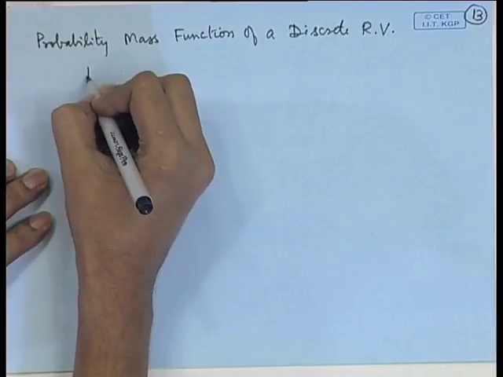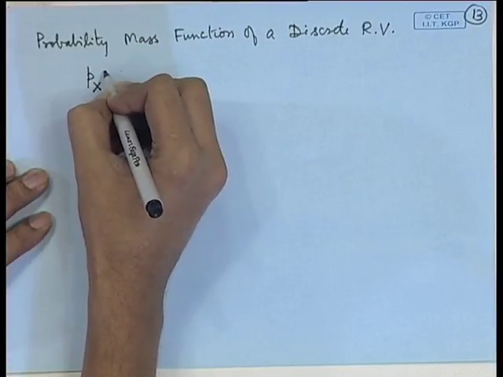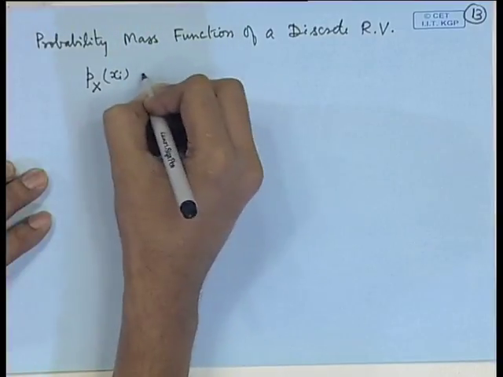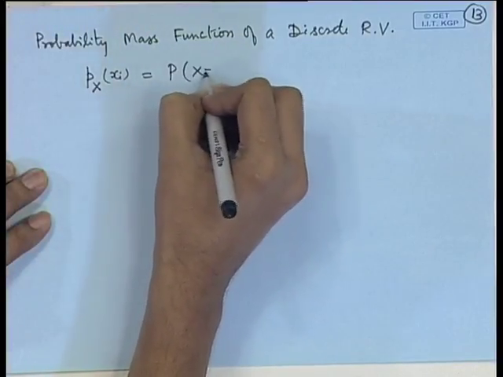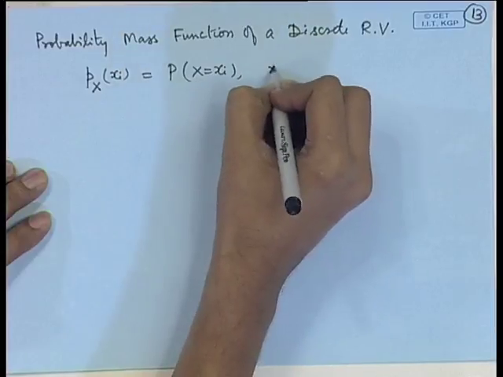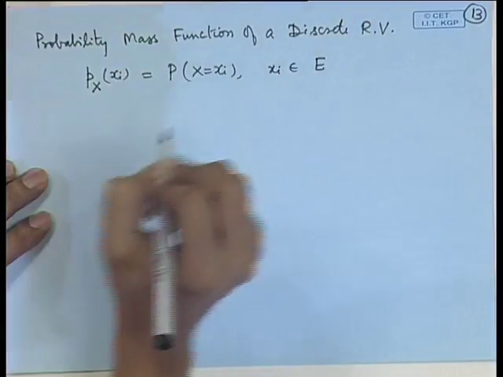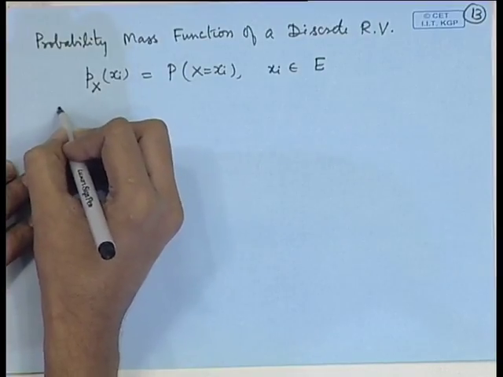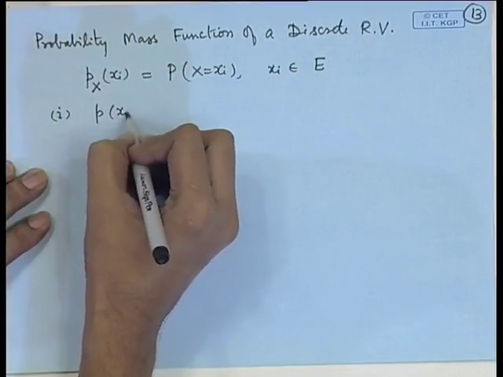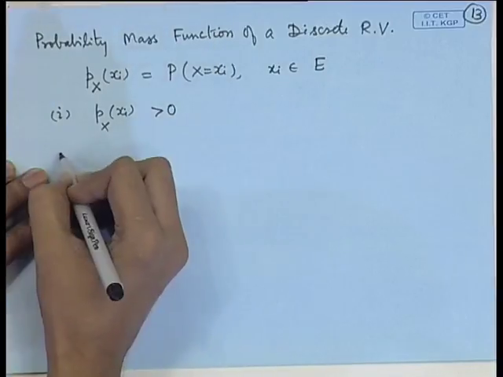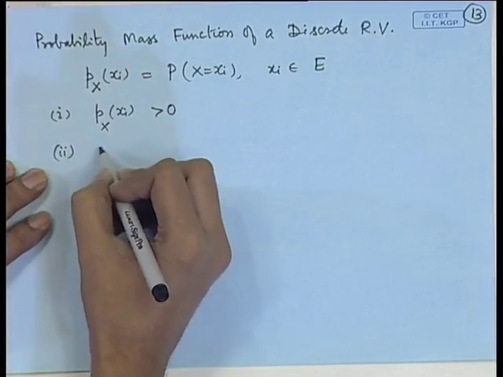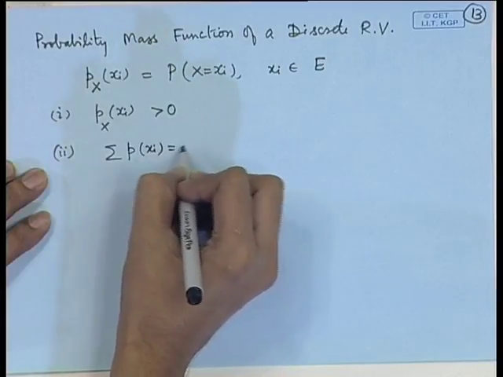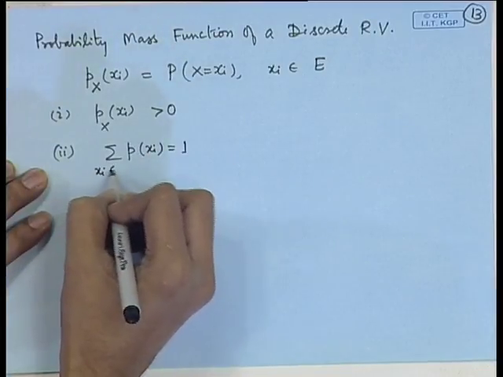It is defined by a mass function p_X(x_i) = probability of X equal to x_i for x_i belonging to the countable set E. So, we must have p(x_i) strictly positive and the sum of p(x_i) is equal to 1 for x_i belonging to E.